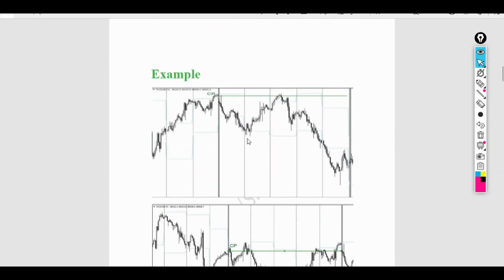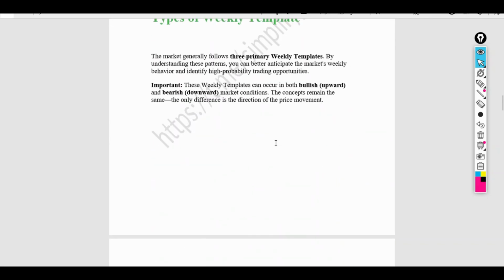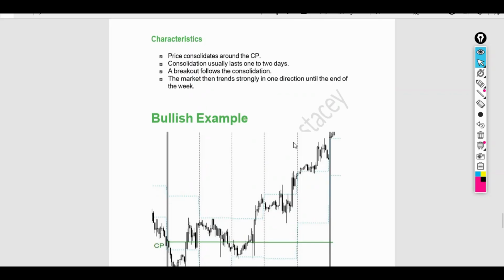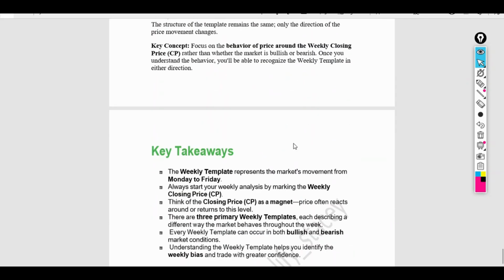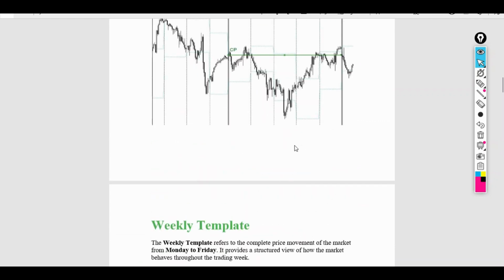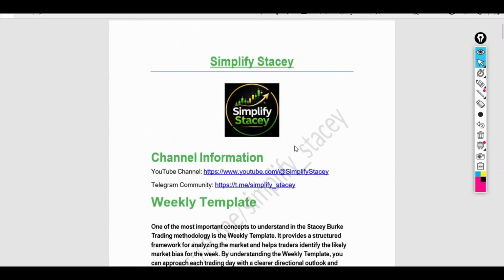I also put some chart examples and the types of everything about the weekly template in this PDF.